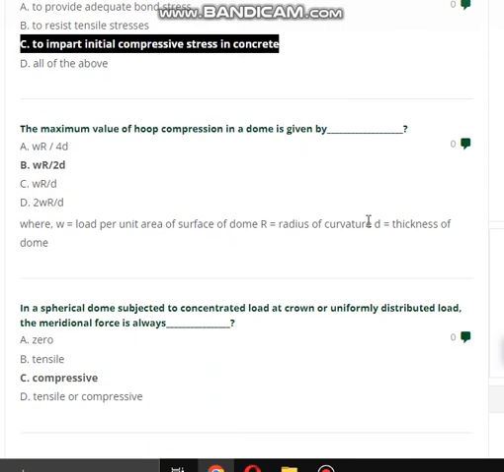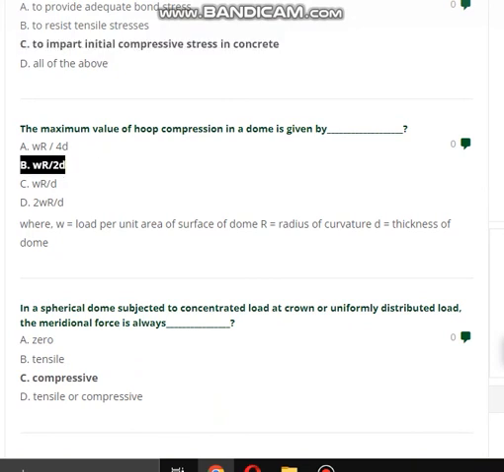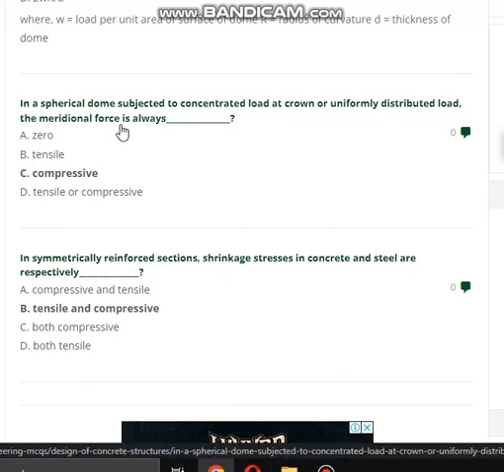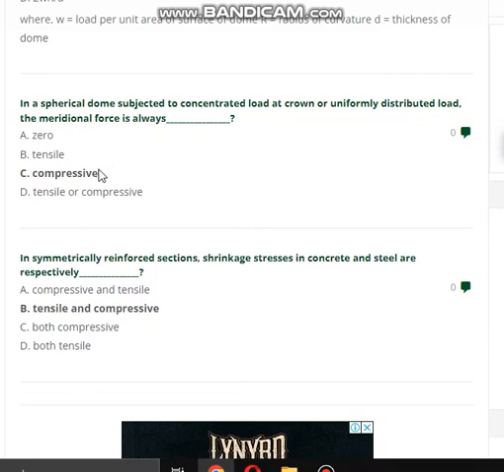The maximum value of hoop compression in a dome is given by WR/2D. In a spherical dome subjected to concentrated load at crown or uniformly distributed load, the meridional force is always compressive.